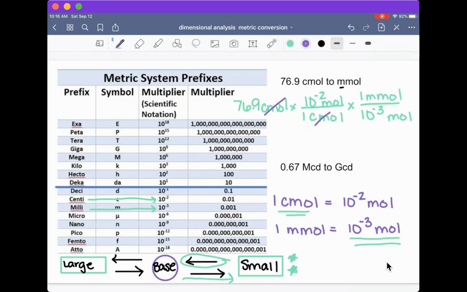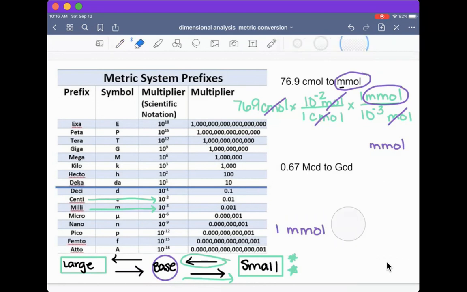So what happens when I set the fraction up that way, my moles cancel, and the lone standing unit is the millimole, which is exactly what the problem asked for. So because all of that canceled out correctly, I know that I set the problem up right, and we can go ahead and simplify the numbers by using our algebra skills.